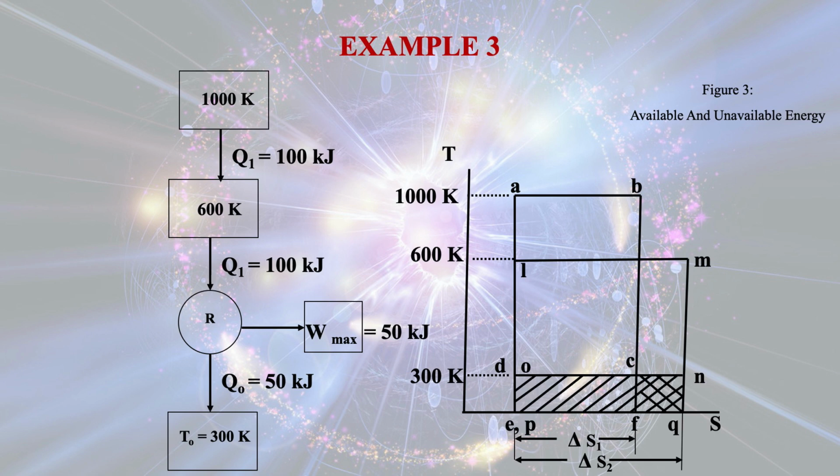Obviously the previous temperature, that is 1000 Kelvin, was more than this temperature of 600 Kelvin for the second reservoir.